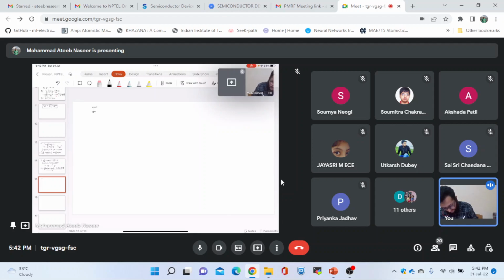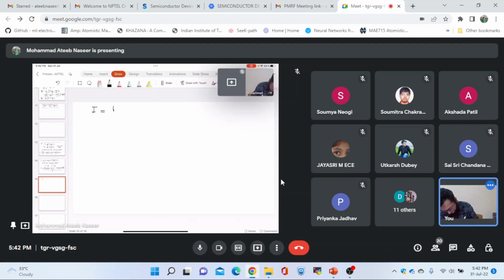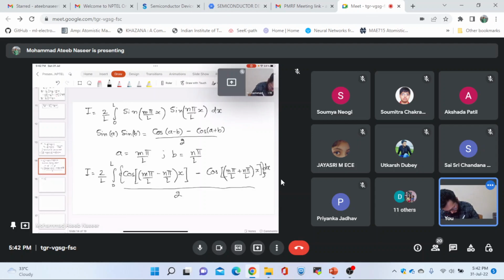I to be equal to 1 by L, 0 to L, 0 to L, m pi by L. Let me take this m pi by L as common.